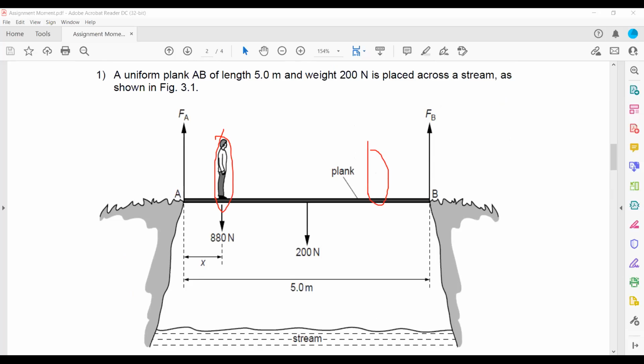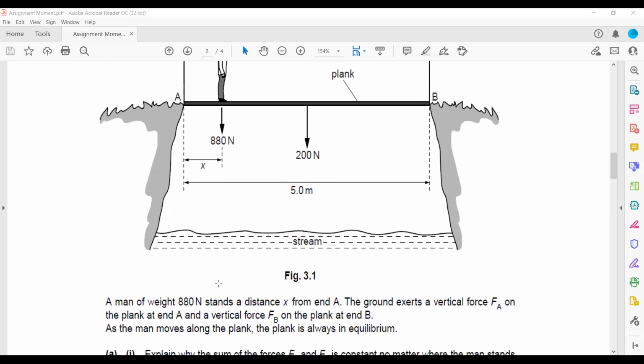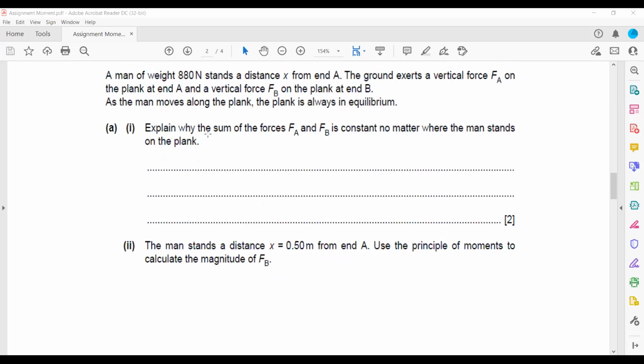So first thing, whenever we write the answer, as I mentioned, it is in equilibrium. So for an object to be in equilibrium, there will be no resultant force on the plank.